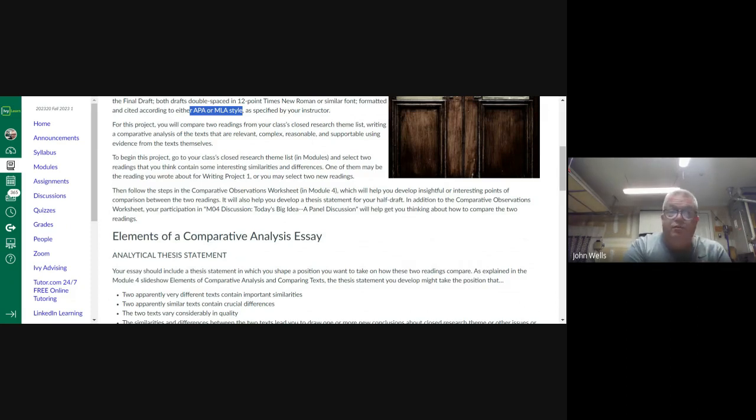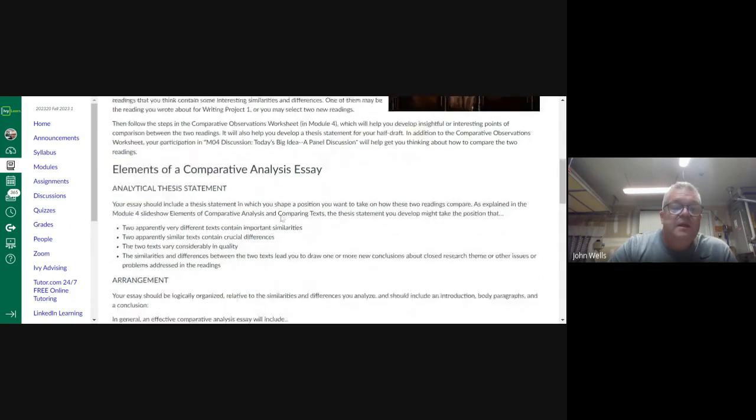It could be the one that you wrote for the first major paper, and you could take it and compare it to another one. That's fine. It could be two new ones. It could be something that you haven't written about, but you read in your closed theme readings, right? Like your closed theme reactions or your check-in. So you have a lot of different options. And again, that's why we do that check-in, so that you have a variety of works to look at.